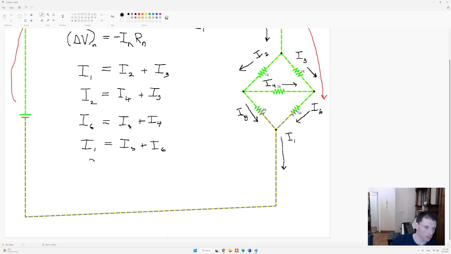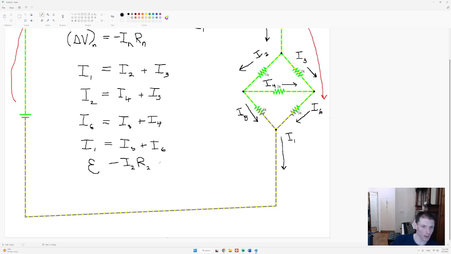So one of our loops is going to be if we go clockwise around, right? We're going to have an increase in voltage of the battery, whatever it was, from the low plate to the high potential plate. And we're going to say minus I2, and I'll call this R2, right? I'll make the numbers of the resistances correspond to the numbers of the currents, which goes nicely with what I wrote up. So R2 is this, I2 going.